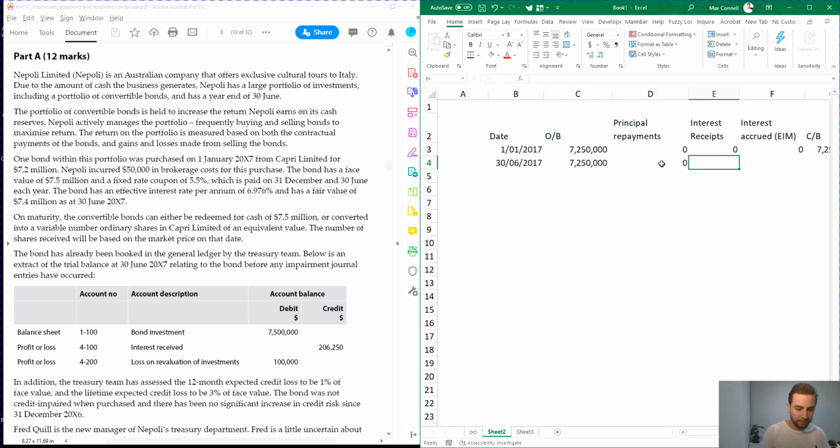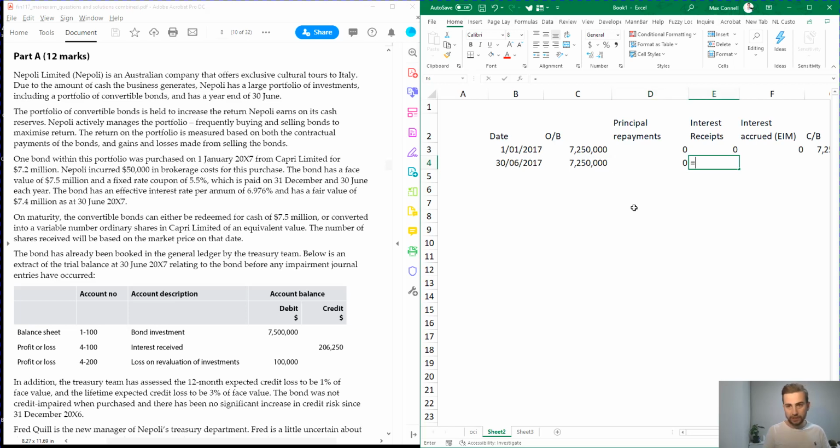What about interest receipts? So the coupon interest is effectively the interest rate that the bond itself pays. So the coupon rate is calculated as 5.5% of $7.5 million. Now that's not necessarily a fair value. Face value doesn't necessarily equal fair value, but that's what it says on the bond, and bonds are often issued at a discount to the face value to incentivize people actually buying them.